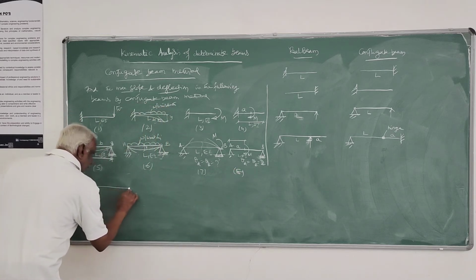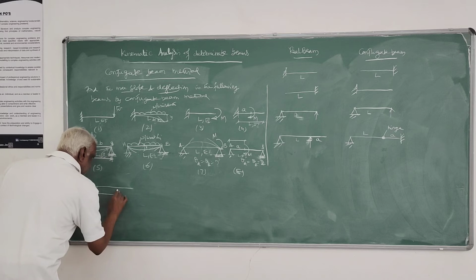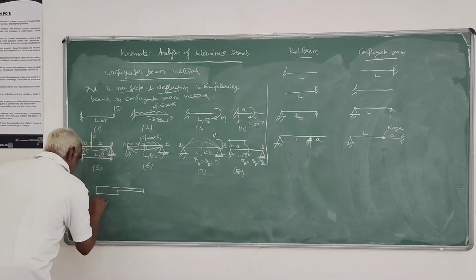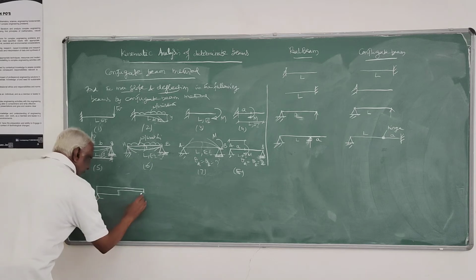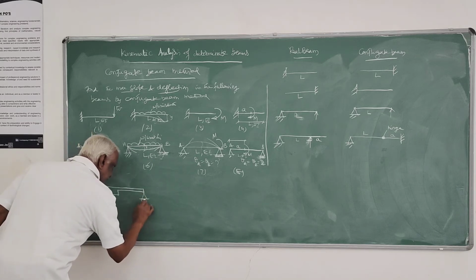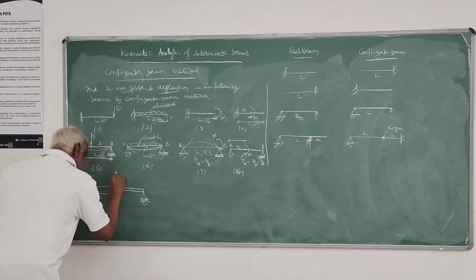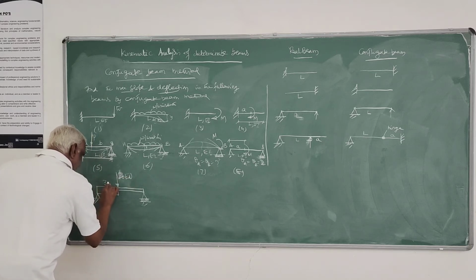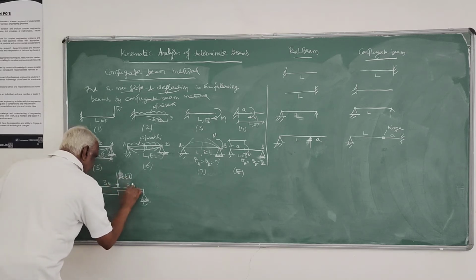Another 2 problems, because non-prismatic beams also you can take. Or I will do 20 kilonewtons, 3 meters, 3 meters.